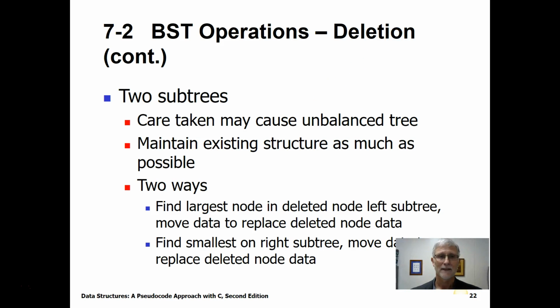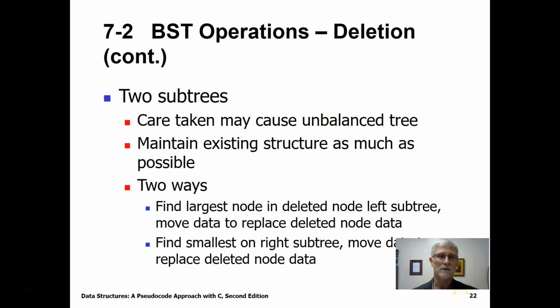Now, if there are two subtrees, so that both the left and right subtrees exist, now I've got to make sure I take care that I don't cause what they call an unbalanced tree. That means I've got too much data going the wrong side, and I want to try to maintain the structure as much as possible.